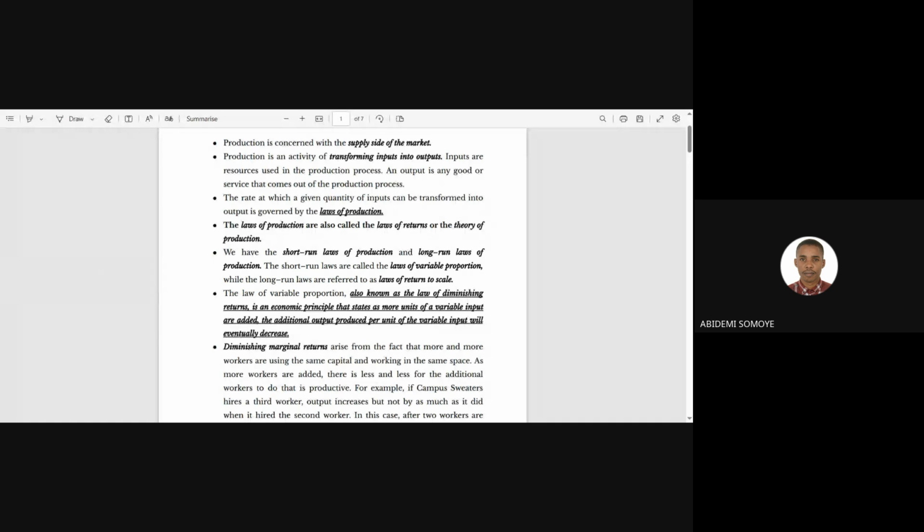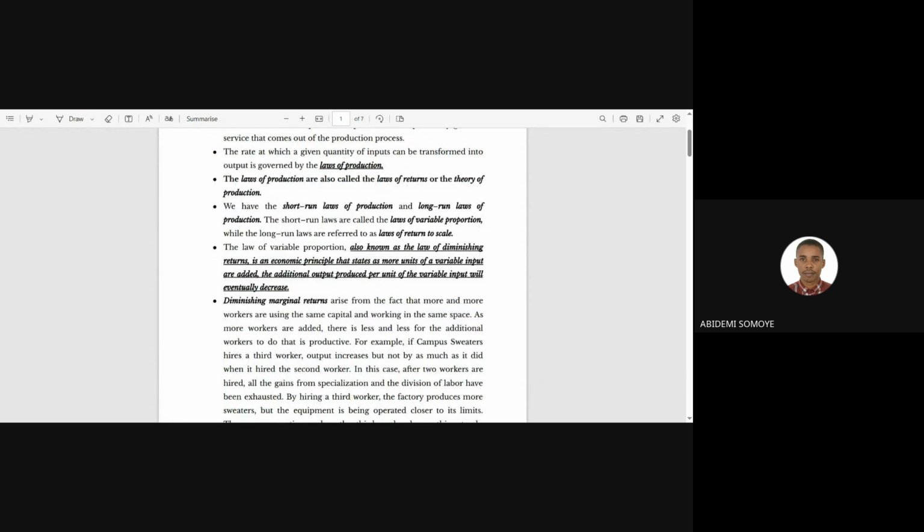The short-run laws are called laws of variable proportion, while the long-run laws are referred to as laws of returns to scale.